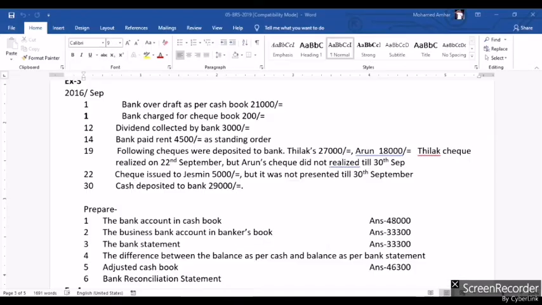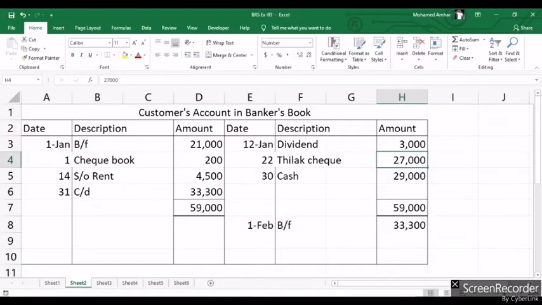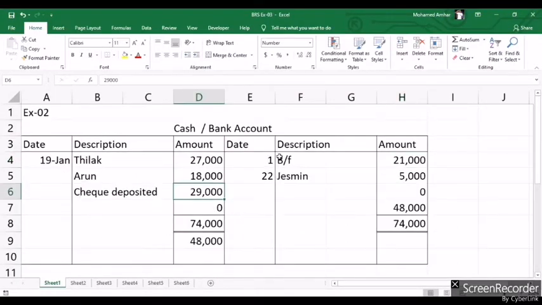Next date is 22nd. On 22nd, check issued to Jasmine 5,000, but it was not presented till 30th September. However, the check is issued by the business, so it should be recorded in the business cash account. Yes, on 22nd check issued to Jasmine, the amount is 5,000. It was recorded, that is correct.